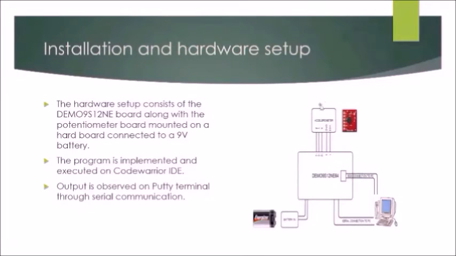Here we will see how to set up the hardware for our motion detection project. For this we used one microcontroller called DEMO9S12NE64, and one accelerometer, ADXL335. This accelerometer has 5 pins.